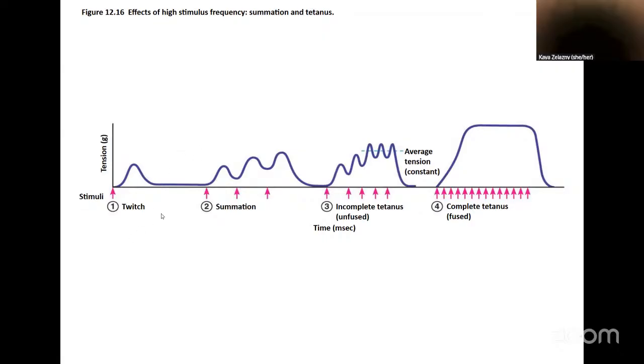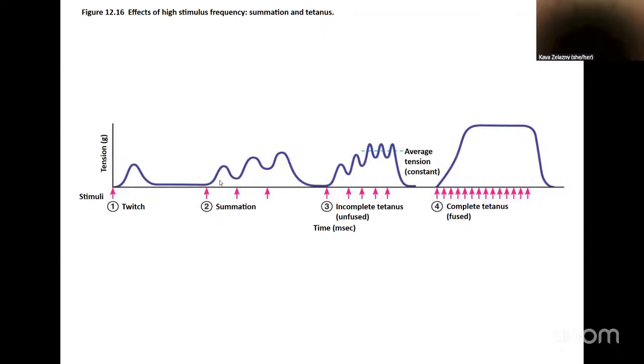But if you don't have enough time, right, and you hit the muscle with a new stimulus while it's still not quite done relaxing, it's just going to twitch from that point that it was at, right? So we're going to stack on our next twitch, and then our next twitch, right? So we see this stair-stepping effect again, right?